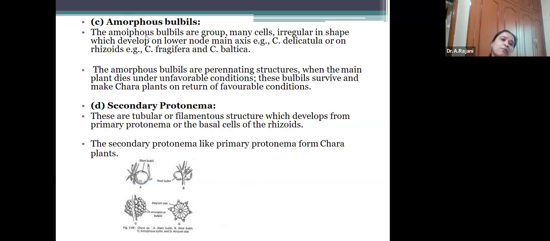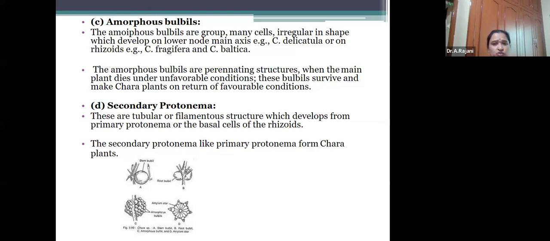Third one, amorphous bulbils. These amorphous bulbils also have many cells, irregular in shape; the lower node of the main axis produces these amorphous bulbils. Examples: Chara delicatula, Chara fragifera, Chara baltica. These are the examples for the amorphous bulbils.